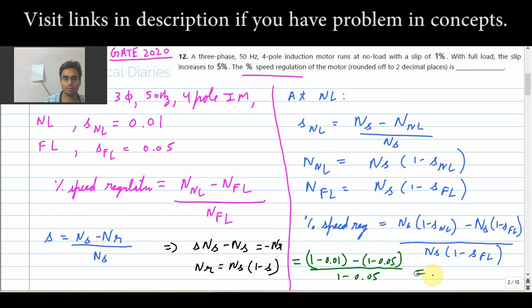On solving this, what you will get is percentage speed regulation as 4.21%. Don't forget to multiply by 100. So you will get your final answer as 4.21%. So this is how this question is solved.